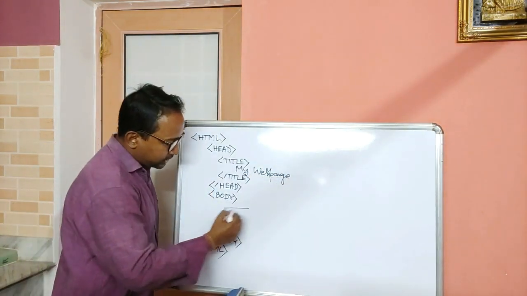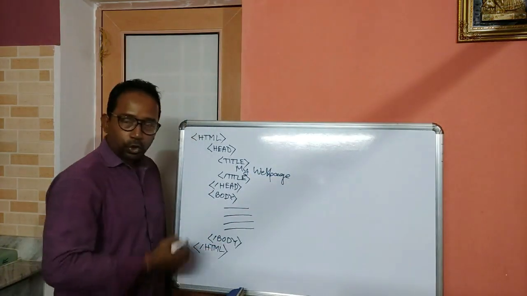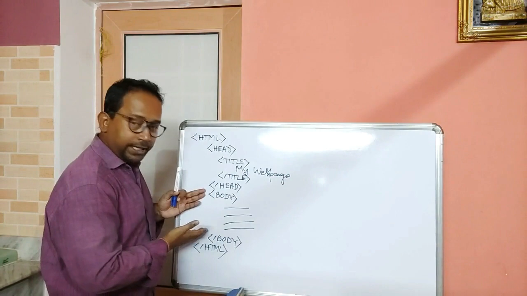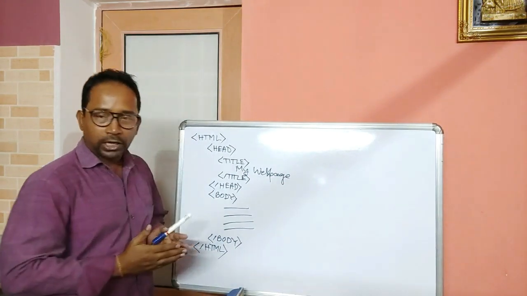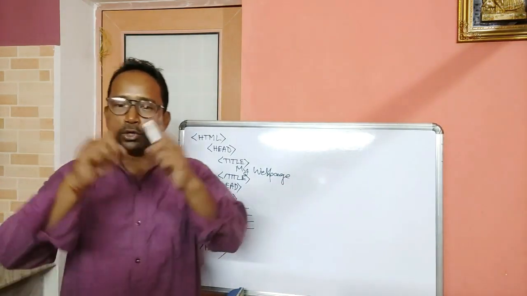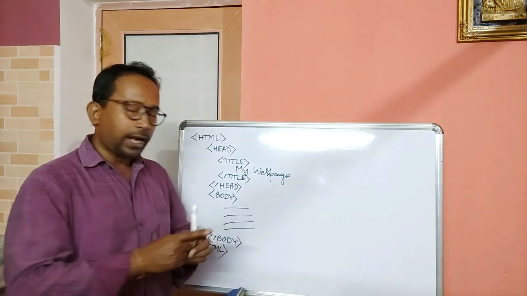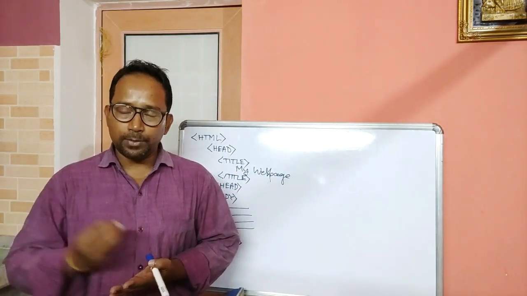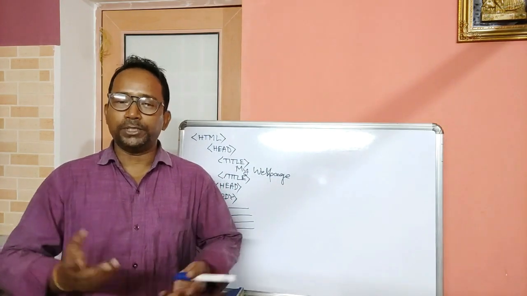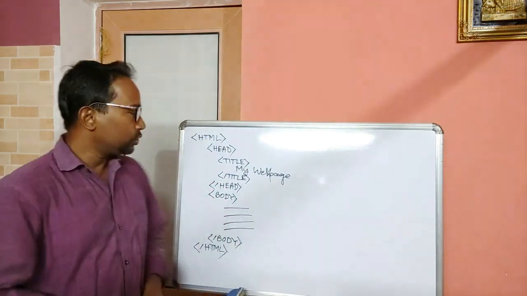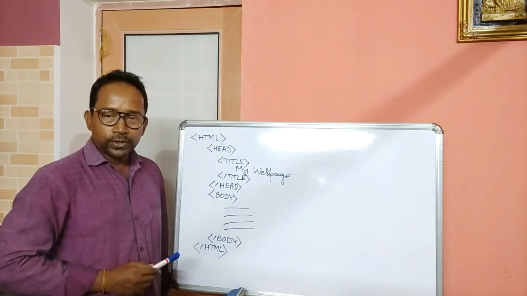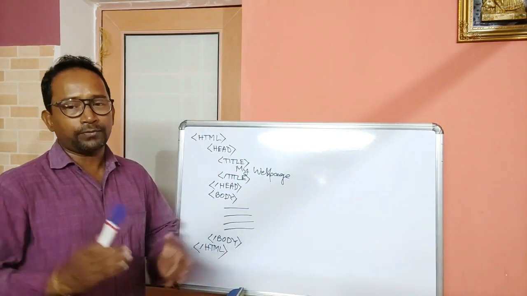And then the body section will contain the text or code for the full web page. That means whatever we write between the start and end tag of the body element is going to appear in your browser window. So here we can write the body text, we can include pictures, we can insert hypertext, tables, any object. Understood? So this is the basic structure of HTML code which you have to follow always at the time of writing code for your web page.